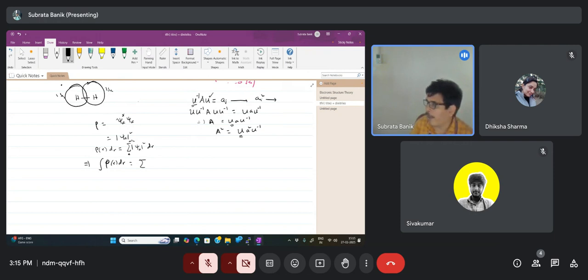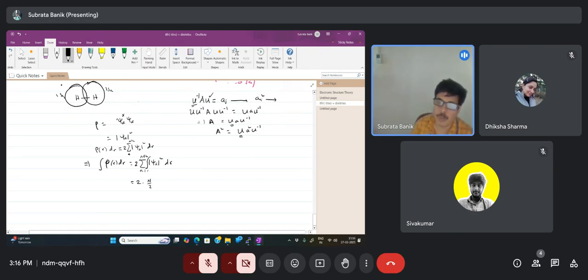Now each orbital can have 2 electrons, so I have a factor of 2 here. Now we get modulus of psi a squared dr summed from 1 to n by 2. Each molecular orbital is normalized, so the integral of psi a squared for each a gives me 1. How many do I have? n by 2. So this will give me 2 into n by 2.